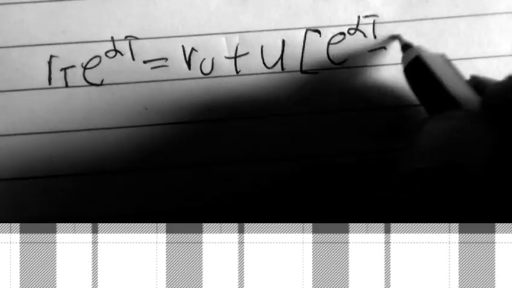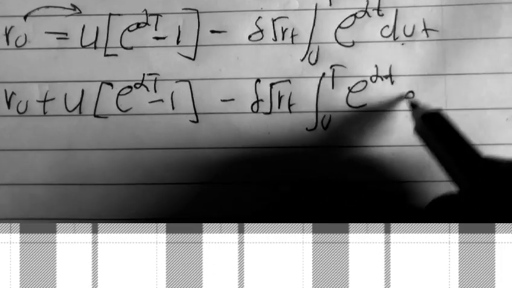From this one, because we want to make r_t the subject, we can take this part to the other side as positive. So we get R_T exponential, that one, is equal to R naught plus mu exponential raised to that one minus 1 minus sigma square root of r_t integrate from 0 to t exponential raised to, then dW_t.